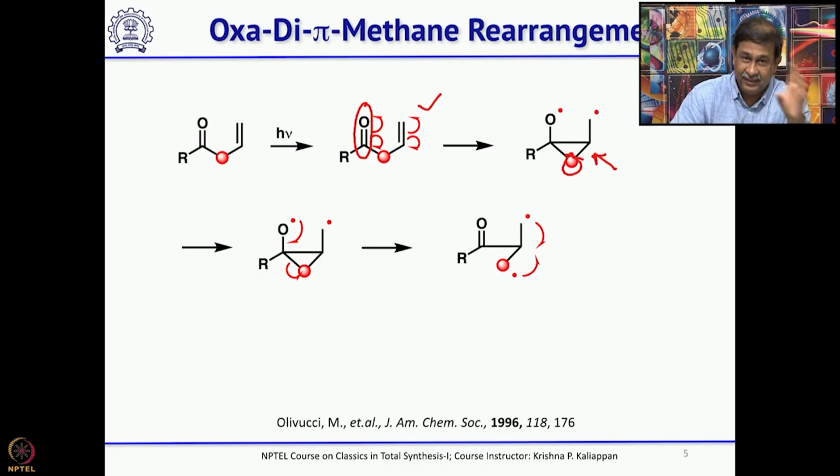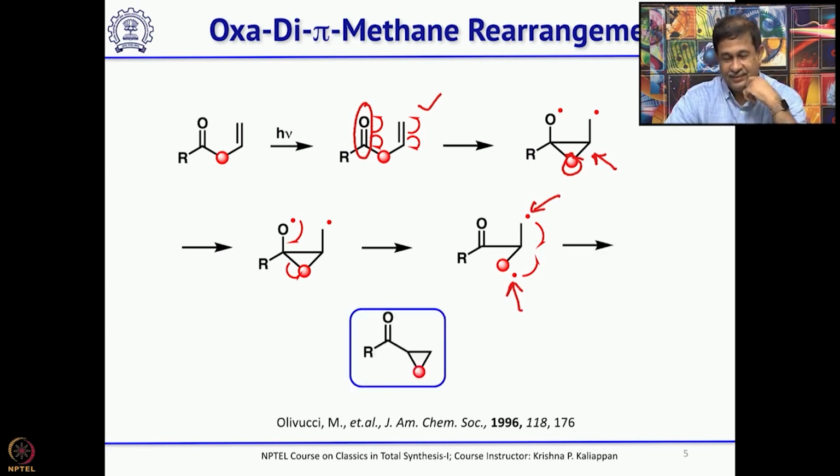They will open up like this, and it will lead to the formation of the original ketone. The ketone we started with, you will get the ketone back, as well as the resultant diradical. Now, you can see here, this is a radical, this is a radical. They will combine to form the cyclopropane. Assume that this is CH2. Okay. So, basically if you do an oxo-di-pi-methane rearrangement, you can see the formation of cyclopropane.